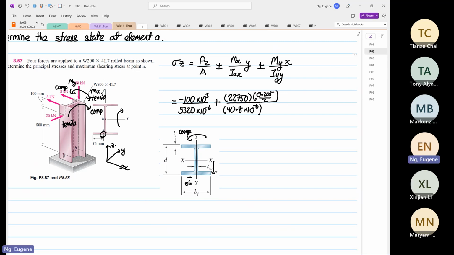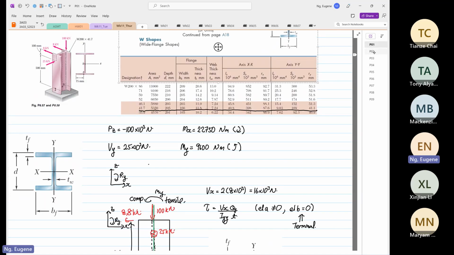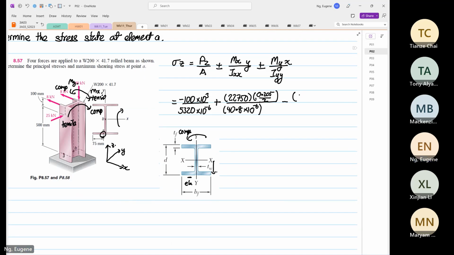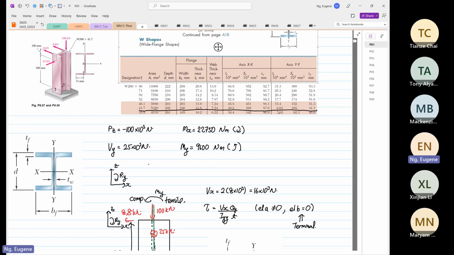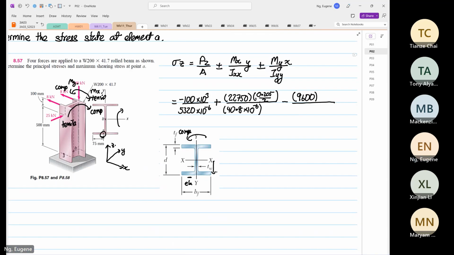So we know now this is immediately going to be minus, and then our moment about y is 9600 divided by Iyy. So you look at the table, Iy is 9.03 times 10 to the power minus 6. So the position of A, we know that this is 75, right?